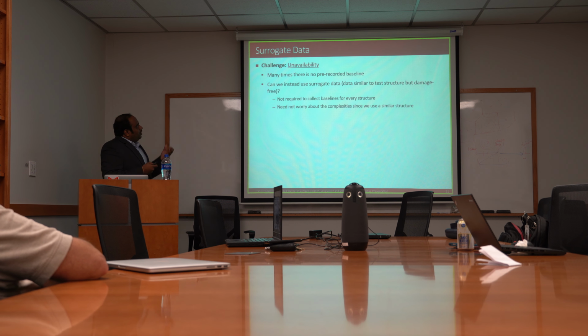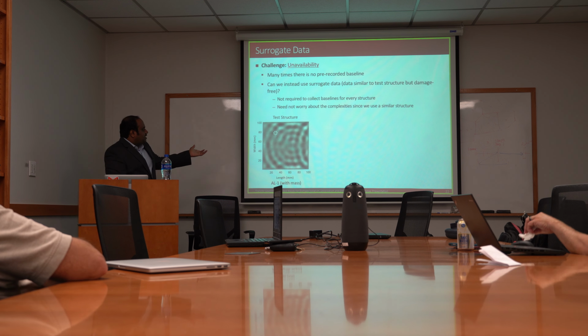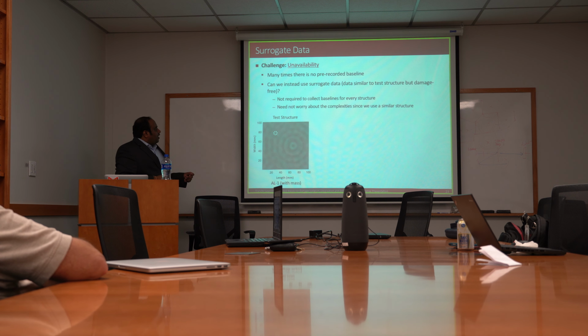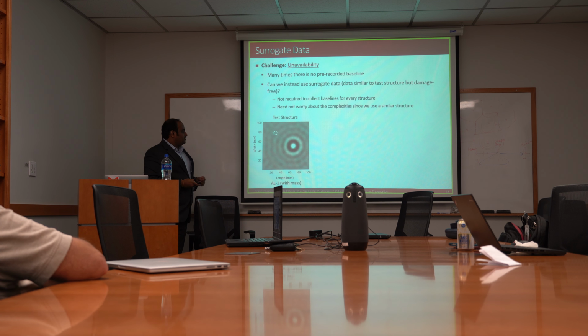And then unavailability. One way to solve this is taking any other pristine structure. Say I have an aluminum plate with a small mass attached to it, and this is how the wave looks like. You will find the interaction with the damage.